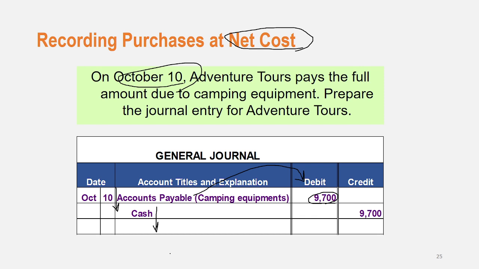Cash is the most famous asset account, and a decrease in asset accounts is considered a credit. So after payment of this liability, accounts payable is debited by 9,700 and cash is credited by the same amount, 9,700.